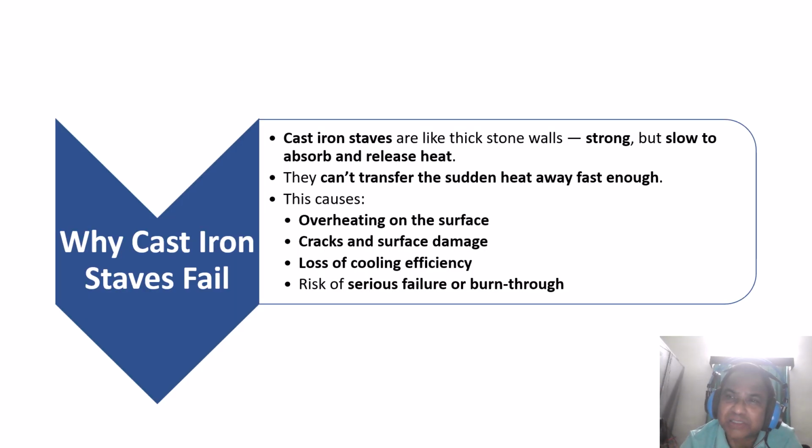If we try to use cast iron stave for handling higher coal injection, at the 150 level, which results in around 600 additional megajoule to handle, its inferior conductivity and fatigue resistance result in overheating of the surface, cracks and surface damage, loss of cooling efficiency, and further a serious failure.